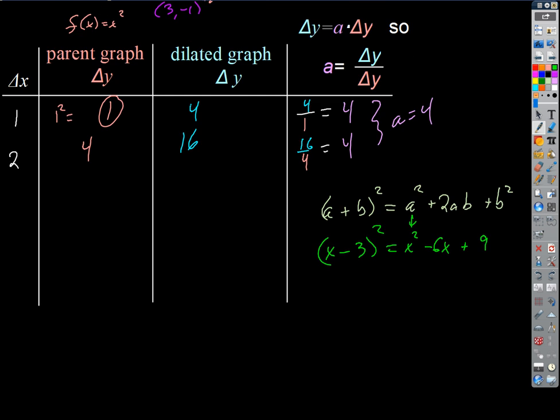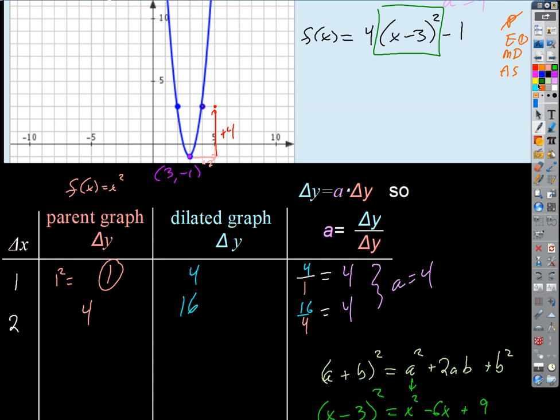Okay, so then we can trade all this stuff for the quantity x squared minus 6x plus 9, but we've still got that 4 that's being multiplied by all that stuff, right? And the 1 at the end. So what's next? Multiply. Good, I've got to distribute the 4, don't I?